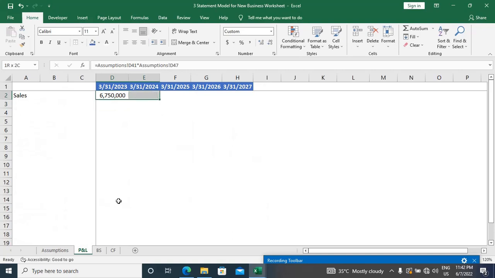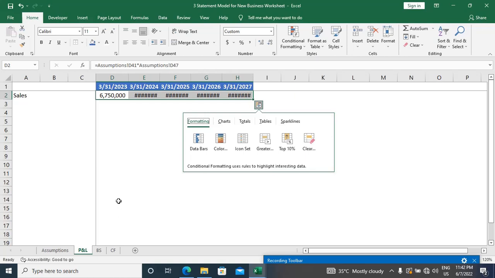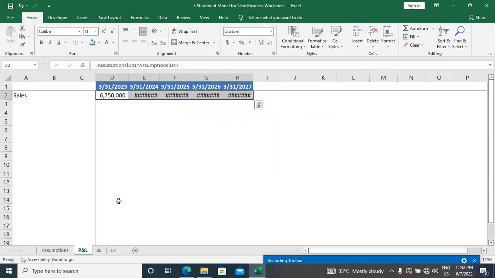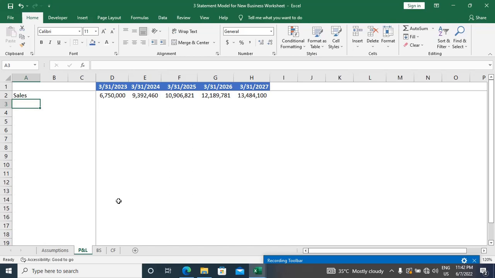Press enter, shift right arrow, Control R. If the width of the cell is not okay, then Alt O, C, A, and you can see the figures. So we have got the sales figure.